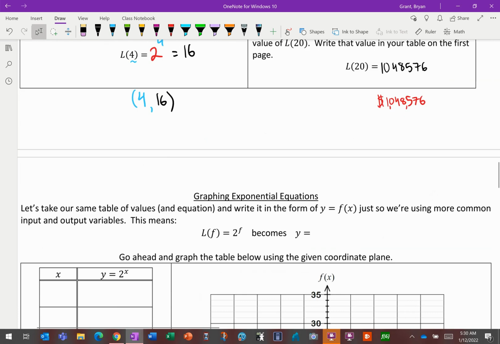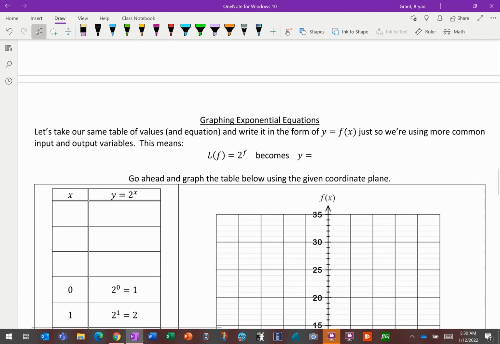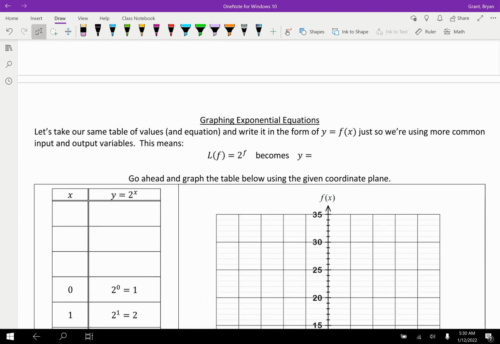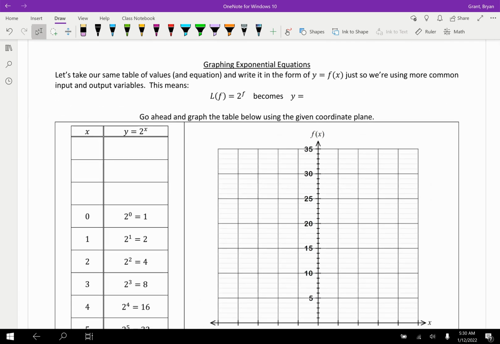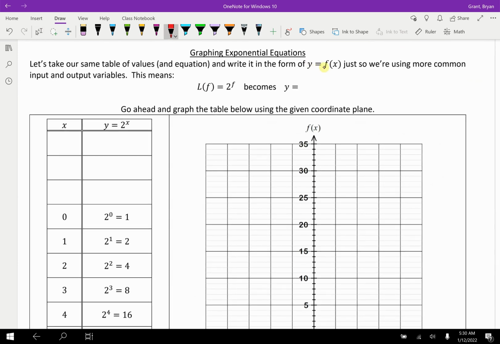Okay, let's go ahead then and start graphing our exponential equation. It should make sense that if we have an equation of inputs and outputs, we should be able to make a graph of that. So, to simplify things a bit, instead of using function notation, instead of using that L and F, we're going to write it in the more common form of y equals some function of x.